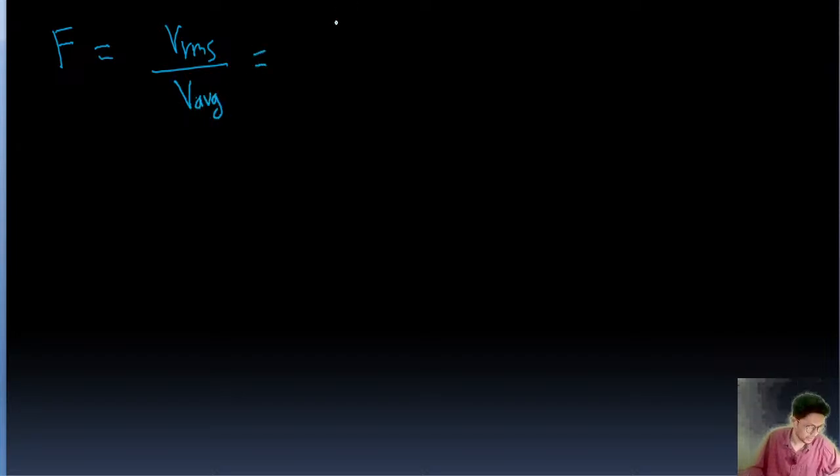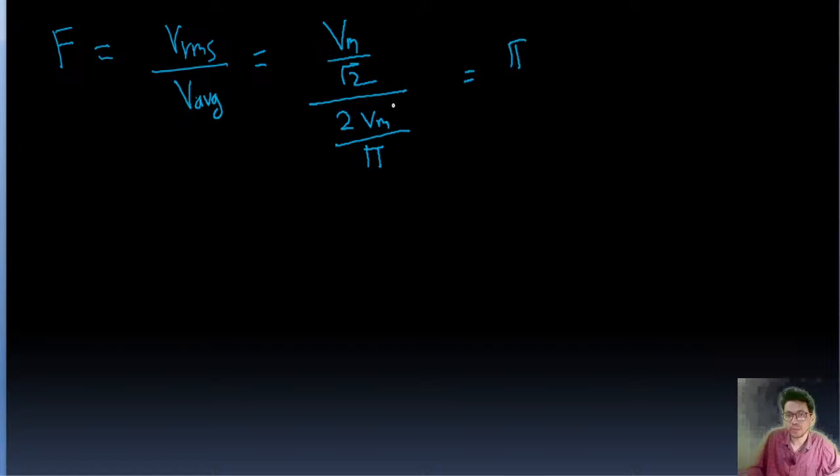We know for the full wave rectifier Vrms is Vm upon root 2, and V average is 2Vm upon pi, right? So Vm will get cancelled, and this value is going to be pi upon 2 root 2. This is the form factor, pi upon 2 root 2.